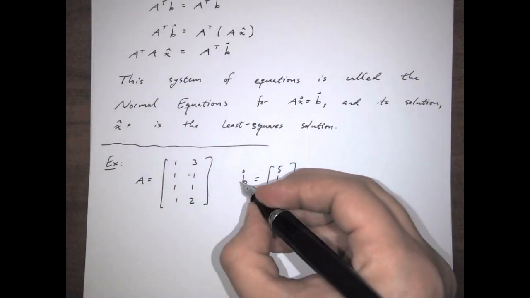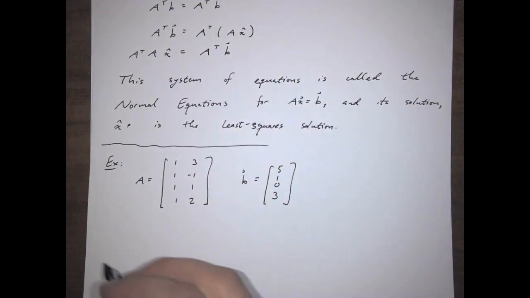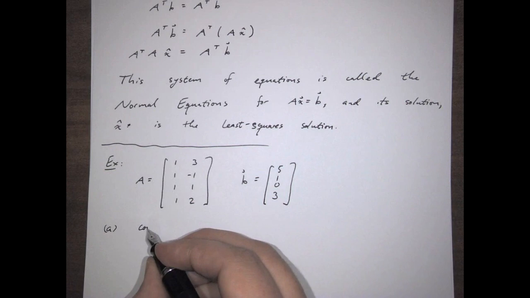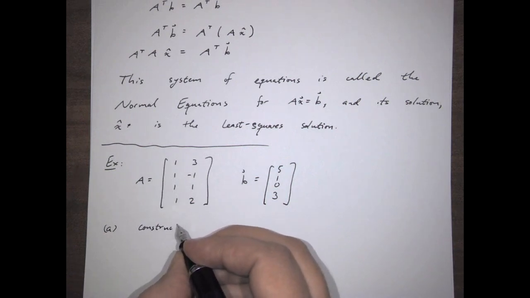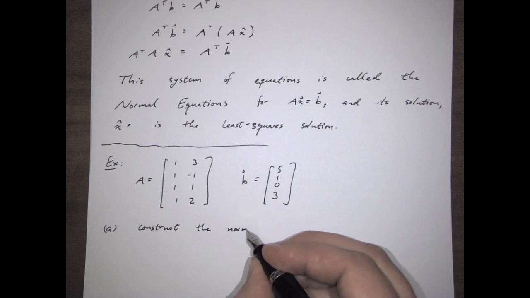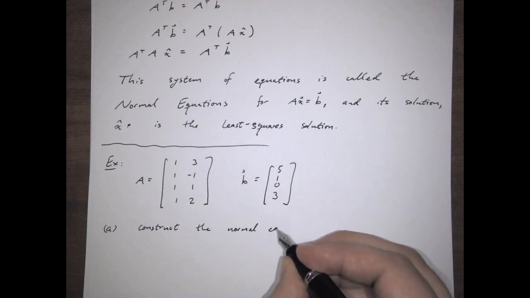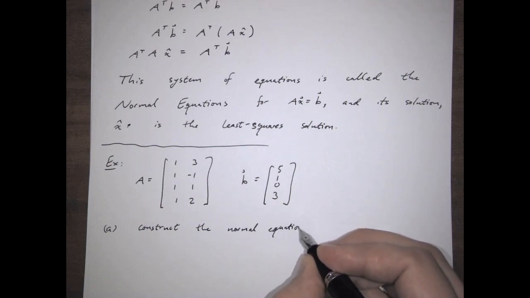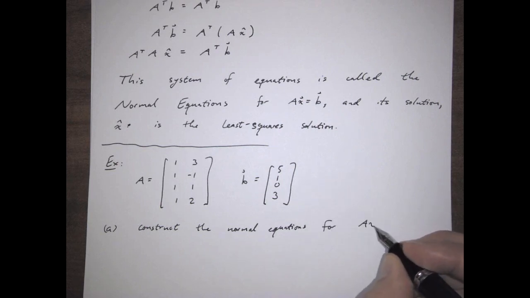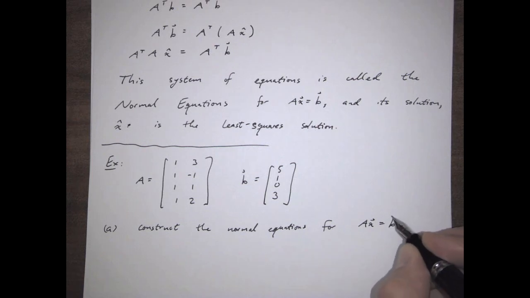And now we're going to work our way through this. So A, construct the normal equations for Ax equals b.